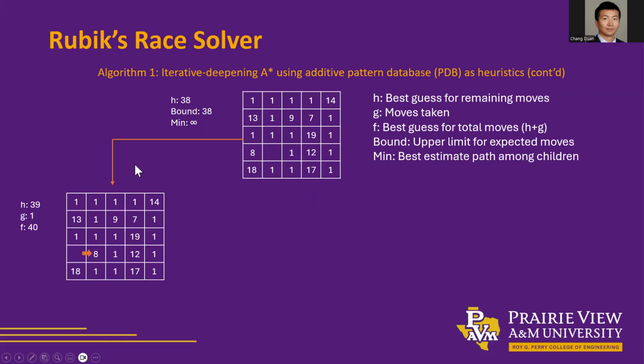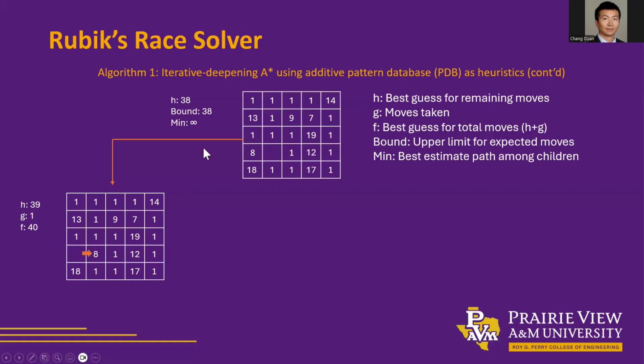Okay, so from here, there are different moves you can take. Let's say you move number eight to the right, into the empty space. For this state, the heuristic lookup in the pattern database tells us it's 39.